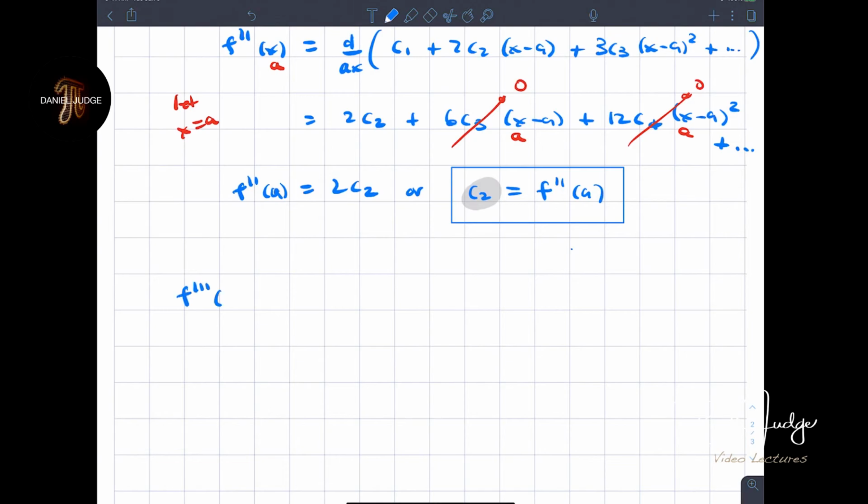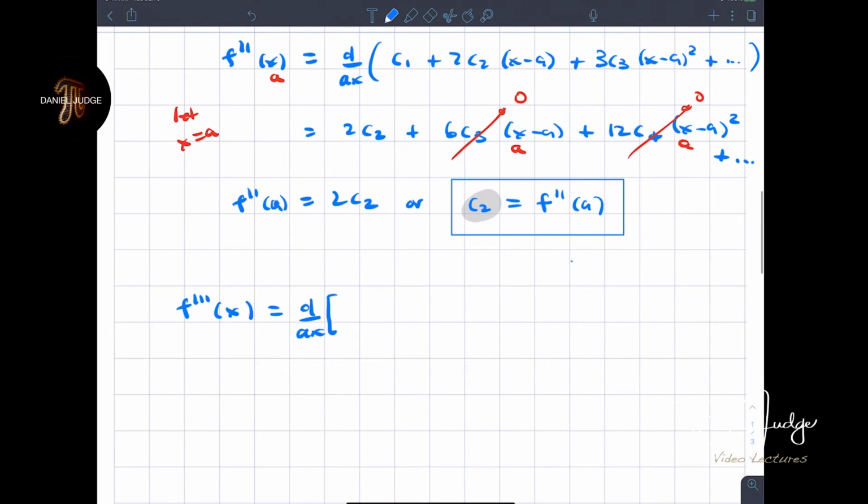So as you can see, when I differentiate, I'm getting every constant just by differentiating. So I just have to be clear about what's left here. So we got 6c3 x minus a plus 12c4 x minus a squared. And of course, this goes on forever.